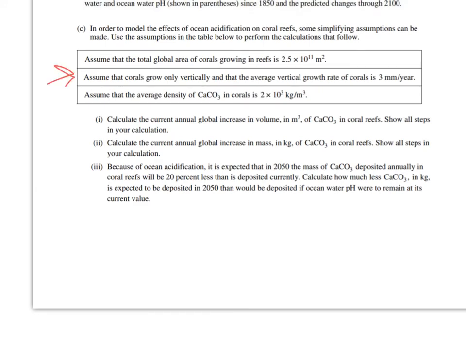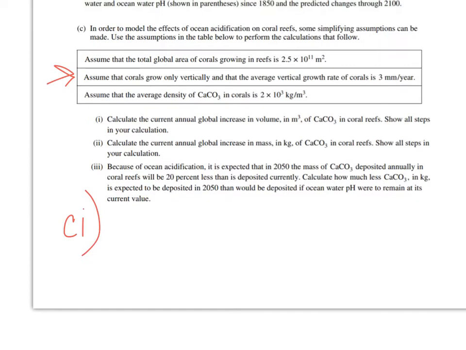So let's start with C-I. Calculate the current annual global increase in volume in meters cubed of calcium carbonate in coral reefs. Show all steps in your calculation. So we want to find out the growth rate.